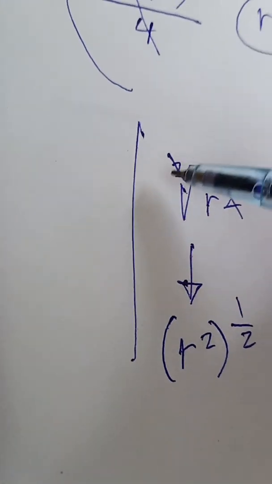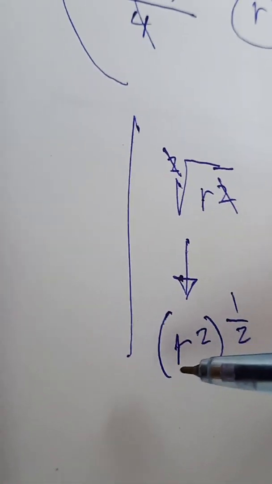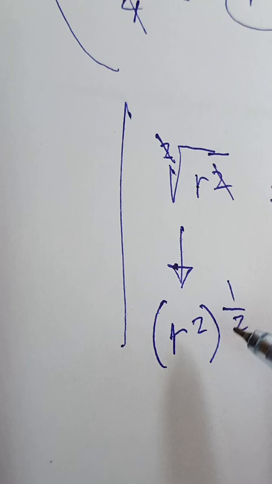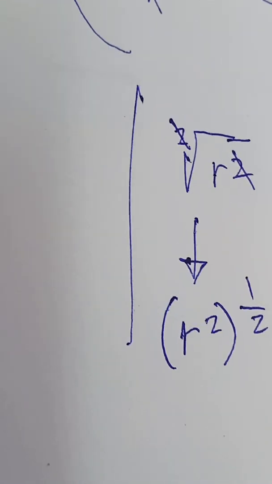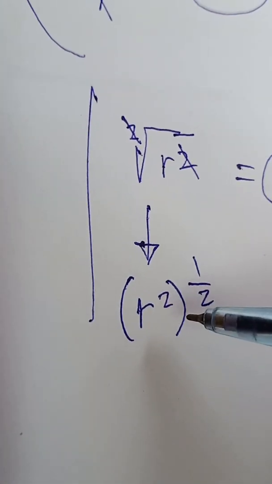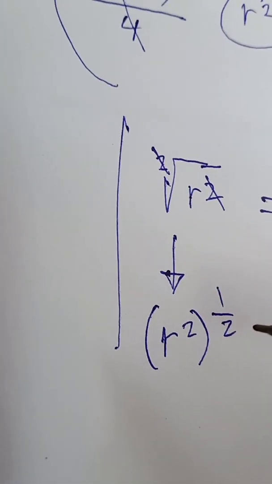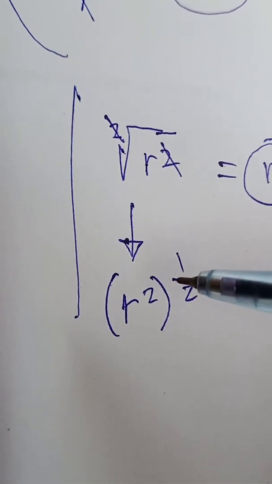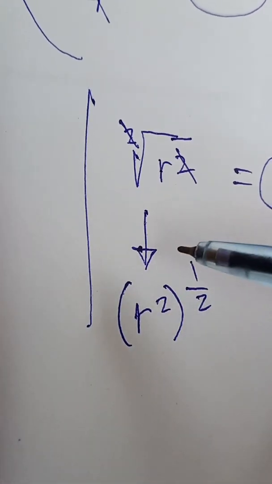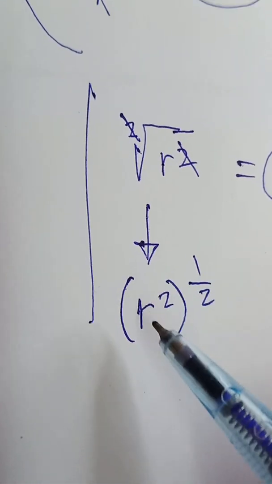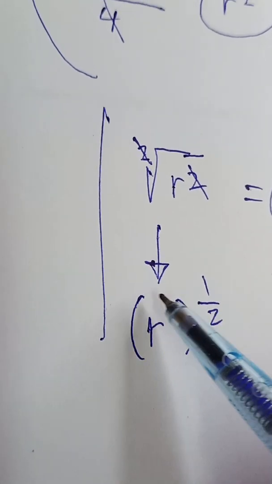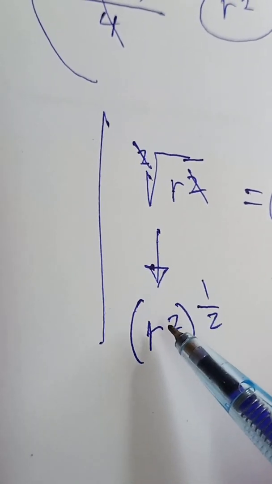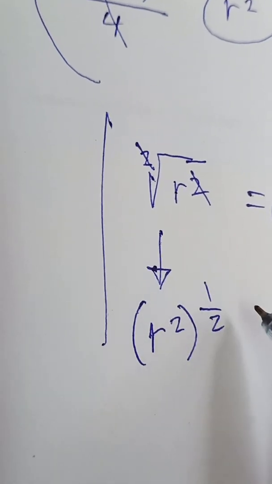So parang kinonvert mo yung radical into exponential form. So remember the rule in exponential expression. If you can search for that, meron kayong mahanap na ganitong case. Okay, yung R may exponent na 2 at yung whole expression na R squared meron ding exponent na 1/2.